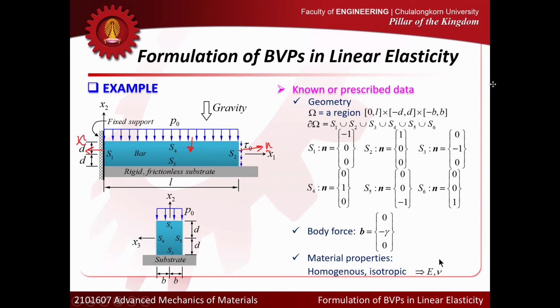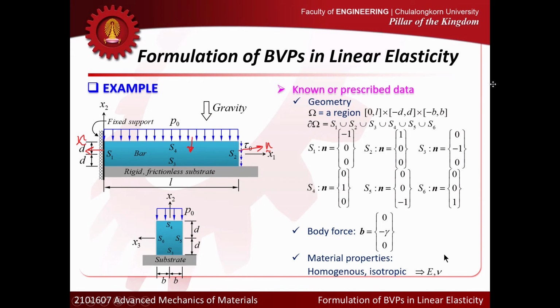So when we formulate the problem, or we try to write down the equation relating stress and strain, make sure that the relationship is expressed in terms of Young modulus and Poisson ratio.